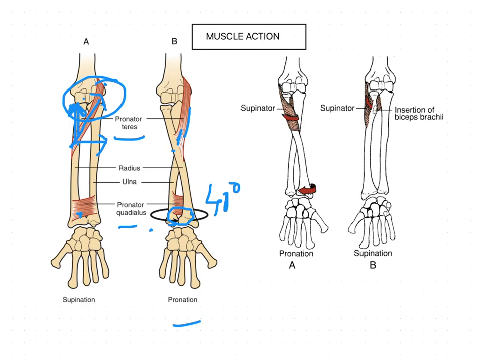That means at the end of the pronation, the effect of the pronator quadratus and the teres is decreased. But the maximum effect of these muscles can be seen at 40 degrees of supination as well as 40 degrees of pronation, and the same is true in the case of supinators also.